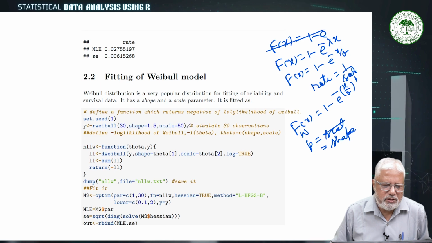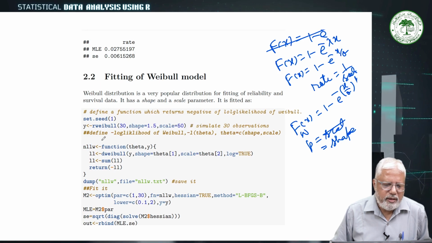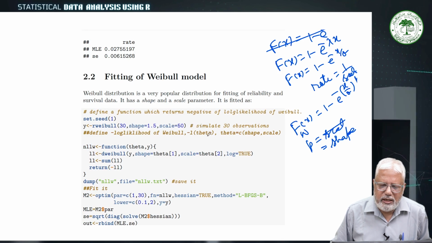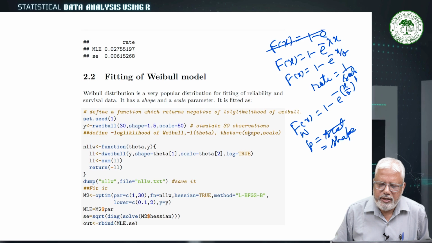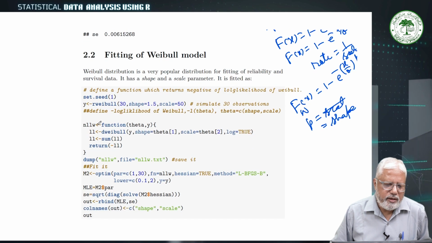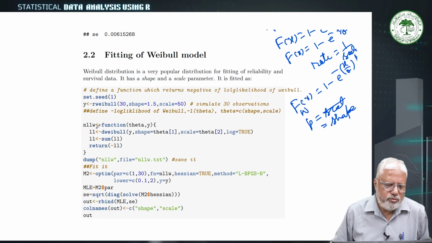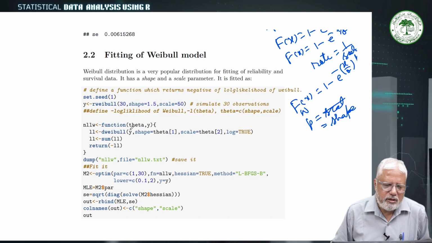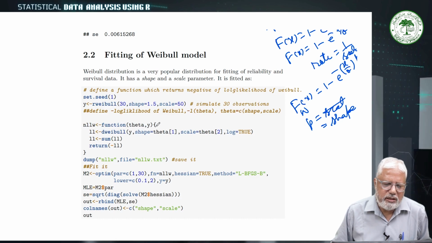Simulate 30 observations and define the negative of the log likelihood of the Weibull, that is L theta, where theta is equal to shape comma scale. So NLLW, the negative log likelihood of the Weibull distribution, is a function of theta and y data.